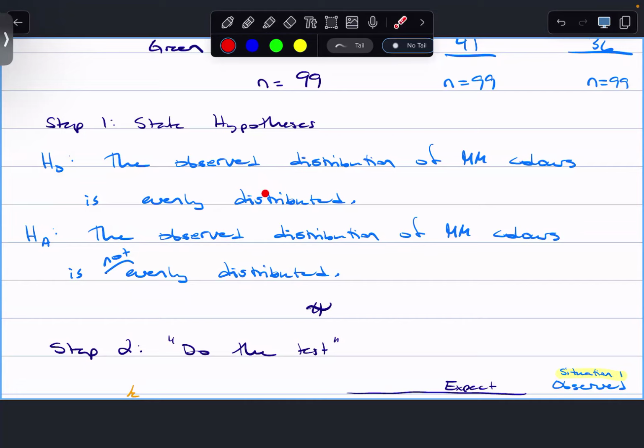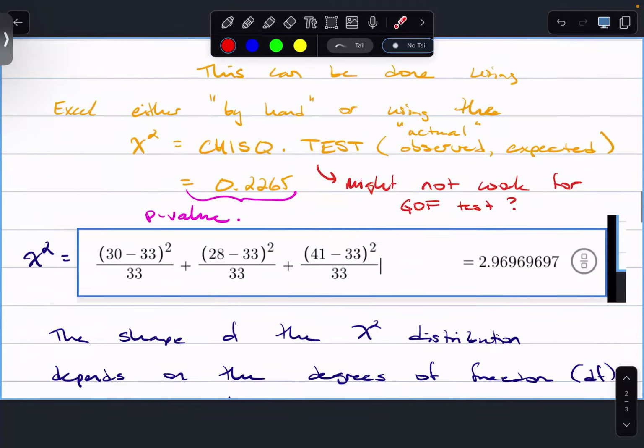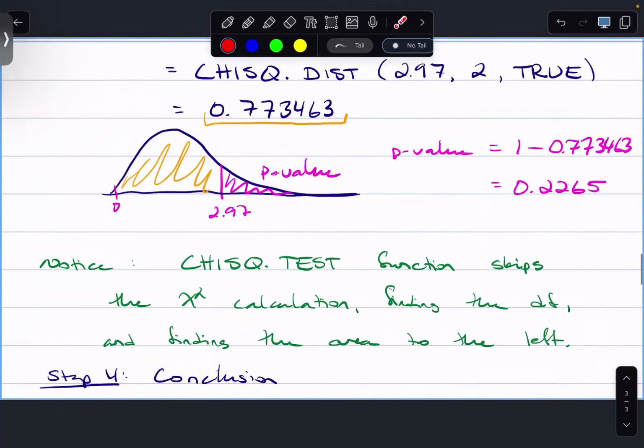Then you reject H naught in favor of HA. Your default is H naught until you have evidence against it. And the probability that H naught is true has to be less than 5% or 0.05 in order to move to HA. Okay. Kind of difficult concepts, I know.